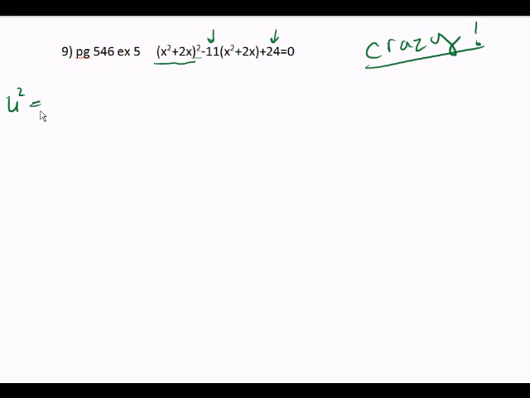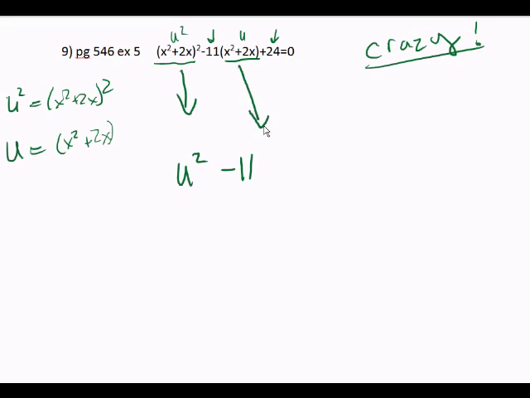U squared is going to equal the first thing: x squared plus 2x squared. And then u is going to equal this, right? This is u squared, and this is u. U is going to equal x squared plus 2x.